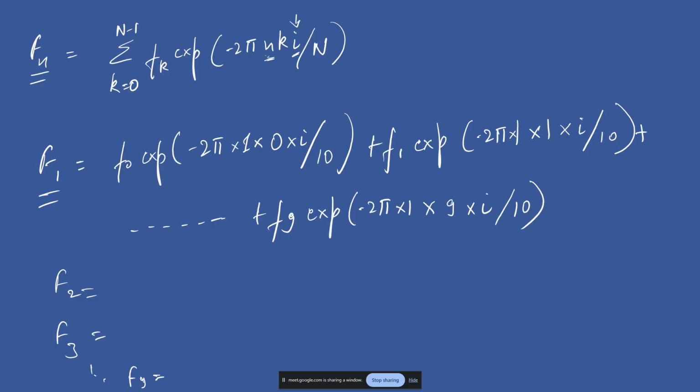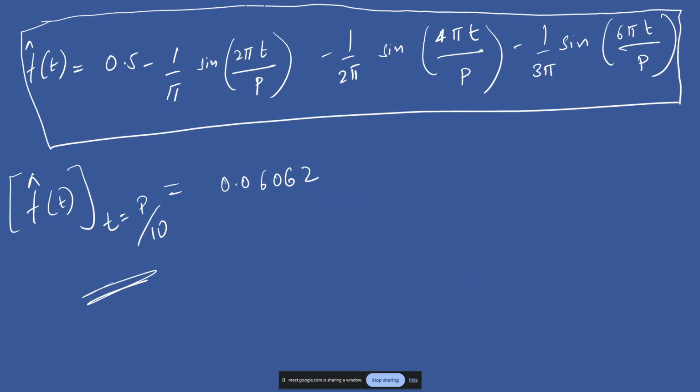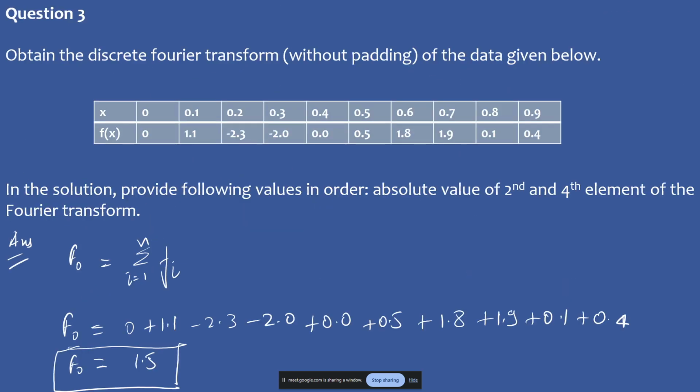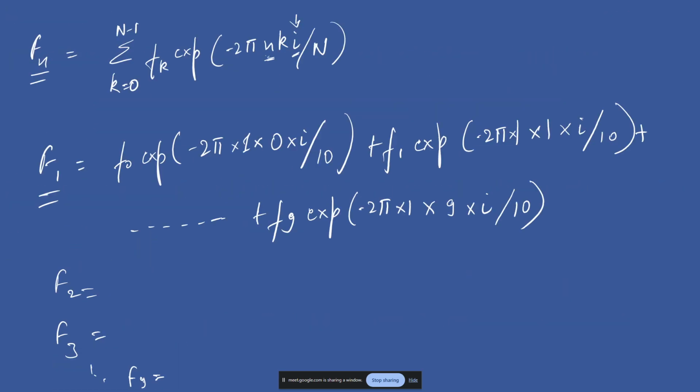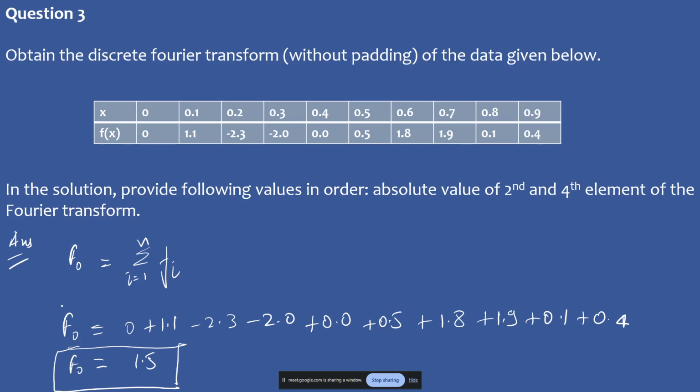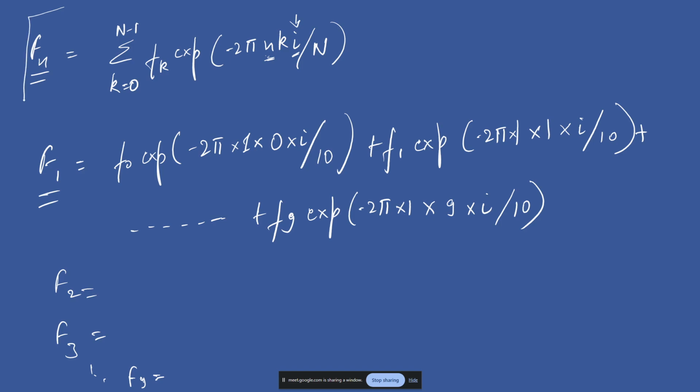So that was how you are going to perform that Fourier transformation for your discrete data. So this is how you will be getting the initial values, and all the subsequent values you can get by using these relations.